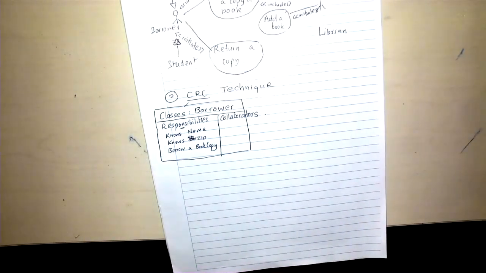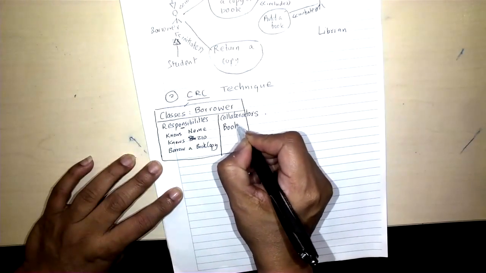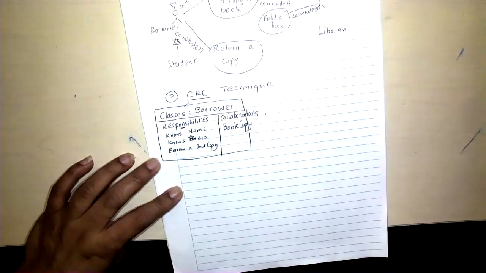Okay? Looking at that statement again, a borrower borrows a copy of the book. What's the other noun that we have there? The book copy. So the collaborators. So you can see now, you can start doing the book copy.